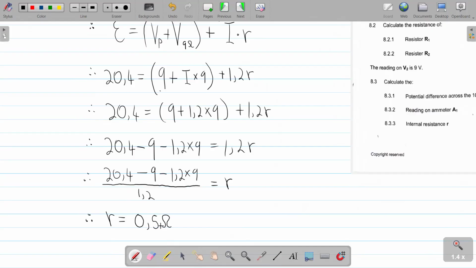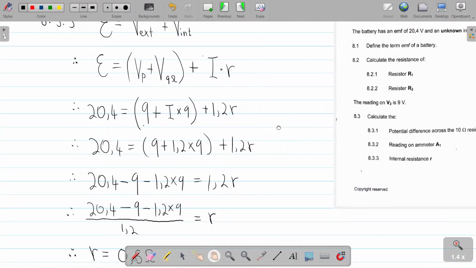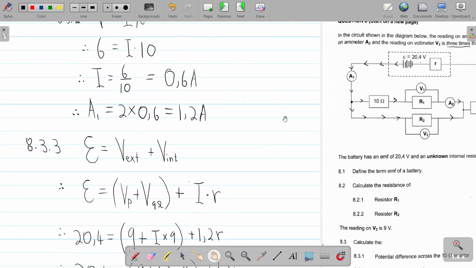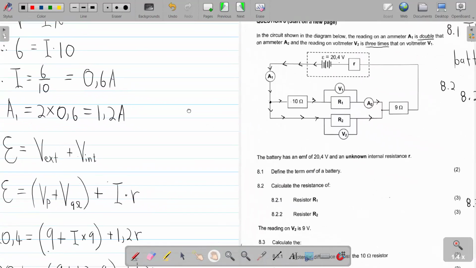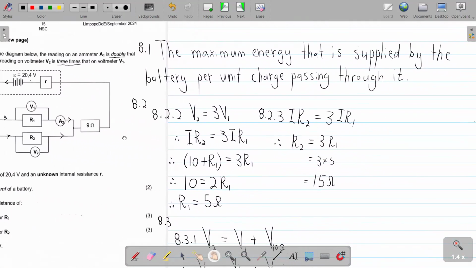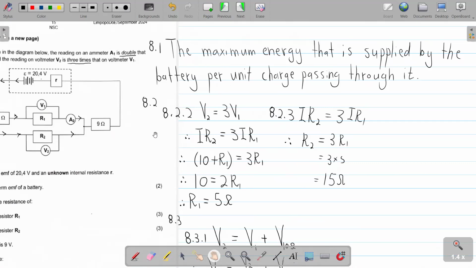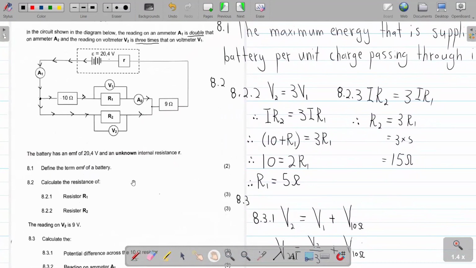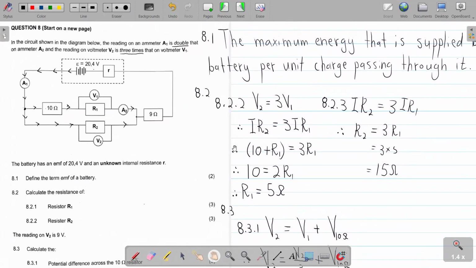Now, let us look back, okay? Firstly, they asked us for the definition. And then after that, they said R1. So we had to see where to use the information here. V2 equals 3V1, because they told us that V2 is 3 times V1.